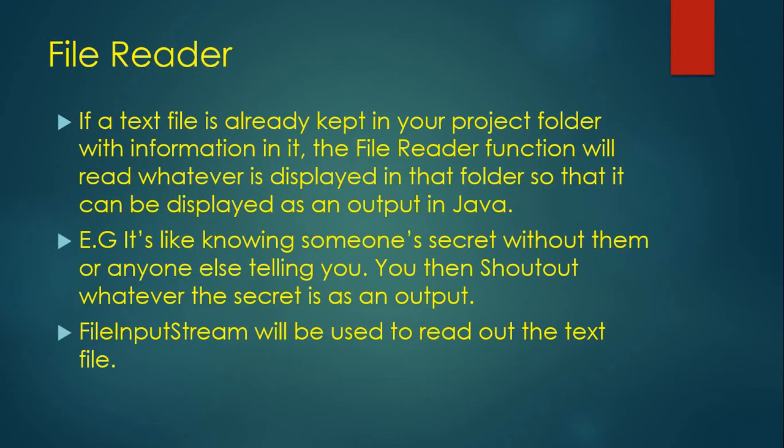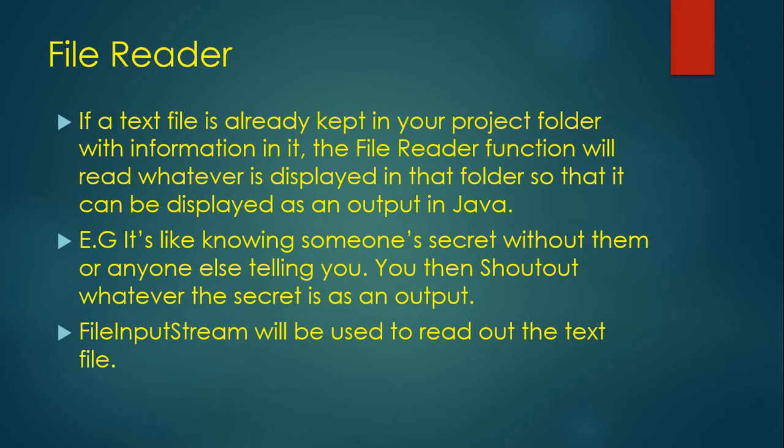That's why I have to explain to you this background stuff, this theory stuff, because you need to at least know theory for you to jump into the practical. So yeah, the file reader function will read whatever is in that folder so that it can be displayed as an output in Java.